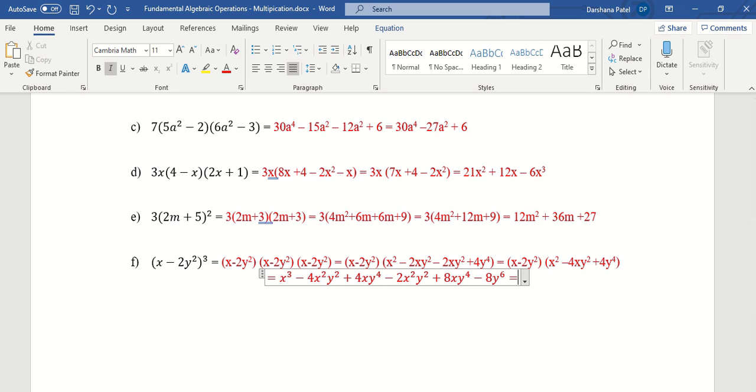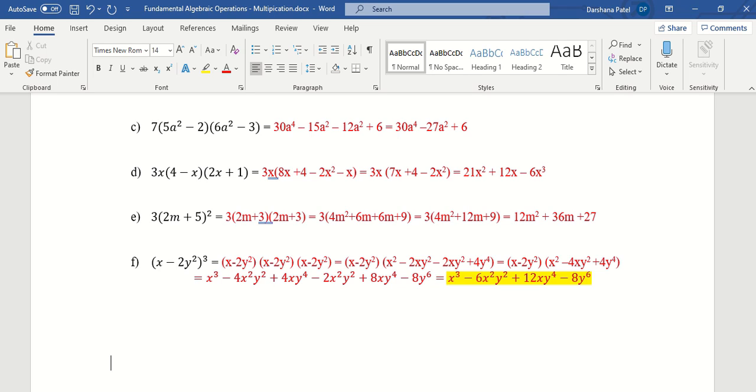So that will end up giving us x cubed remains the same, minus 6x square y square, and then 4xy to the 4, 8xy to the 4 will give us 12xy to the power of 4, and lastly minus 8y to the 6 remains the same, and that will be our answer.